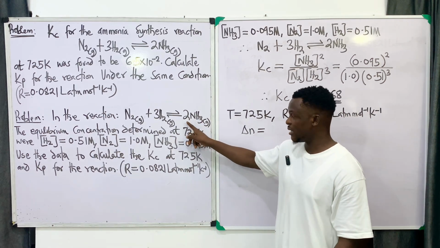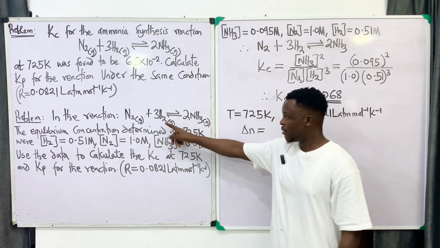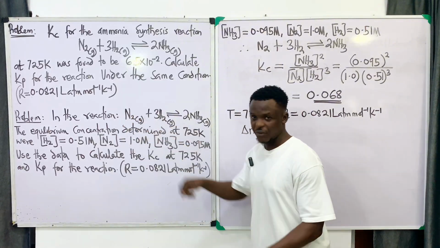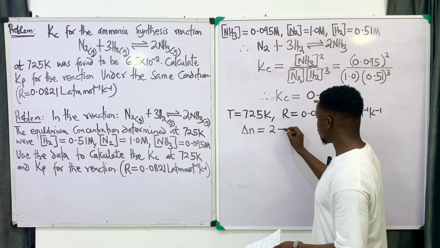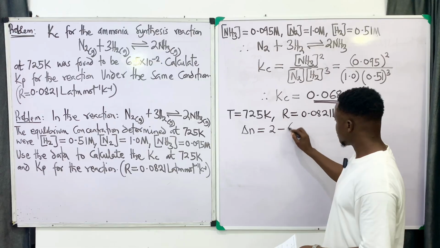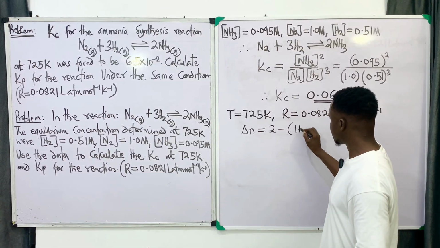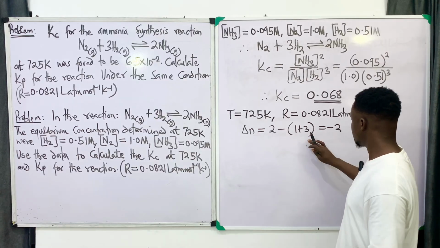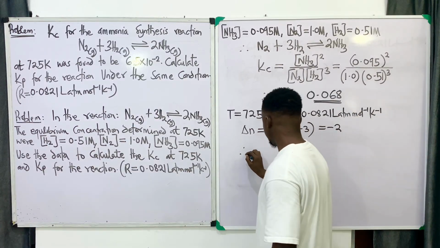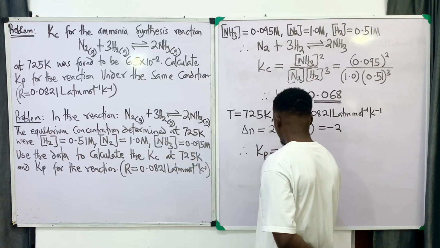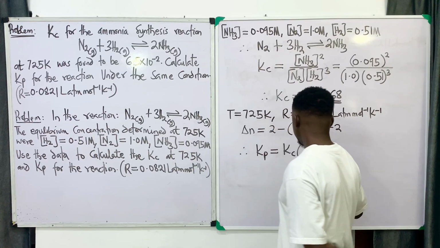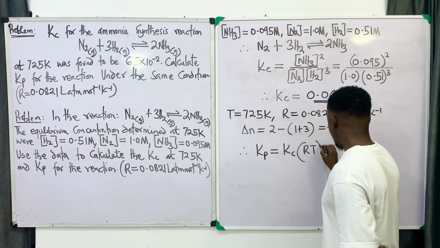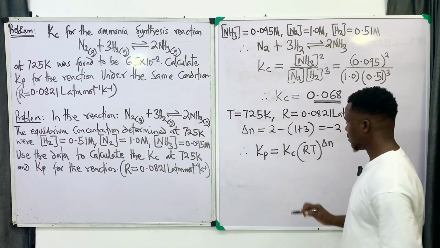The gaseous product here is 2. The reactant is 1 and 3. So 2, on the product side, minus the reactant side, 1 plus 3. 1 plus 3 is 4. 2 minus 4 is minus 2. So therefore, I'll now say Kp equals Kc (RT) to the delta N.